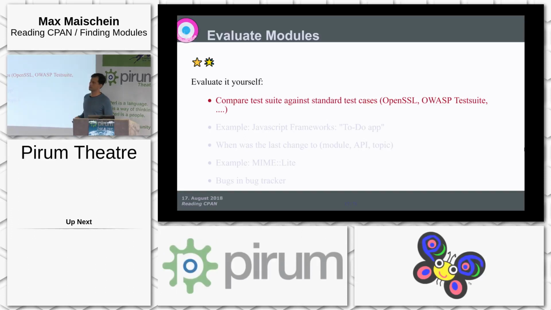Does it test itself against the OWASP test suite, or is there a discussion of the OWASP test suite? Or if it is a re-implementation of OpenSSL, does it use similar test cases or ideally the test suite of OpenSSL?